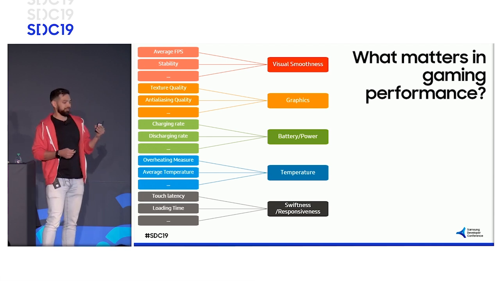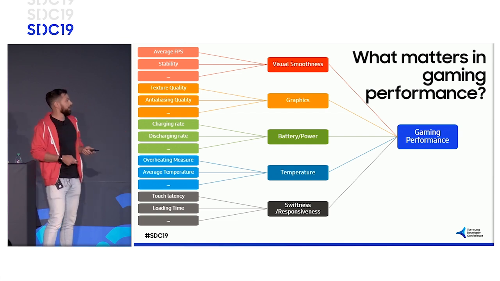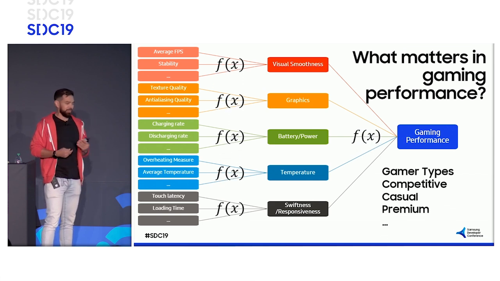And from that, we aggregate them into these slightly more subjective, experience-driven measures. And further than that, we can combine them into a single gaming score and say, this device gets this score for gaming. But really the challenge is in how do we get from this layer and work up to this single value? And for that, we need appropriate mapping.